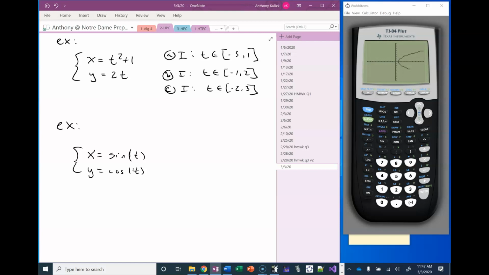I haven't given you the interval over which to graph this, right? However, even though I haven't given this to you, we can probably make a feasible guess as to what that interval might be to get a good complete picture here. If you were to venture a guess as to what interval you'd want to use here, what would you guess?